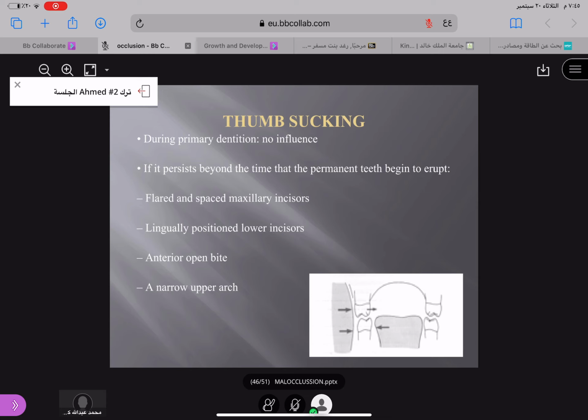Is it clear? The position of the fingers during the thumb sucking habit results in labial inclination of the maxillary incisors, whereas lingual position of the lower incisors.